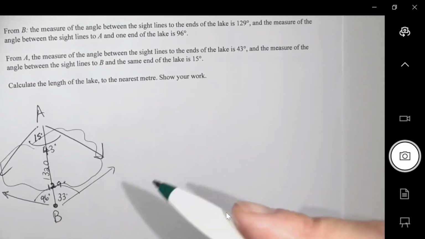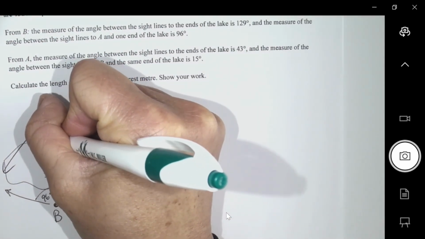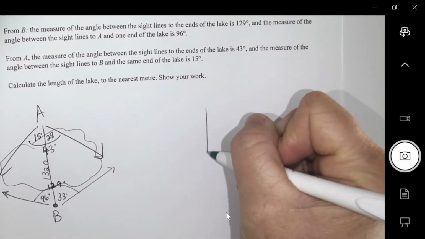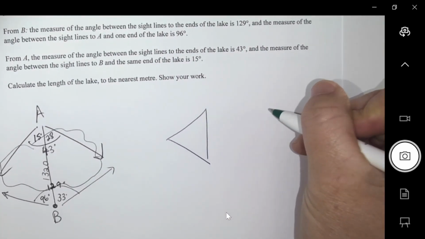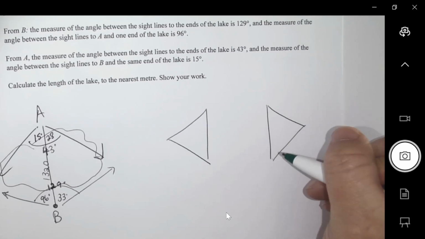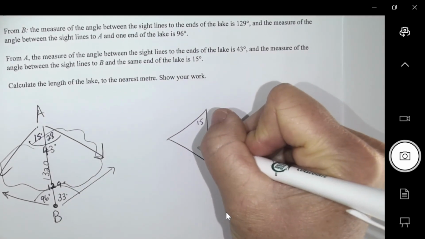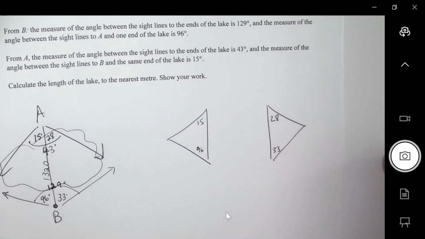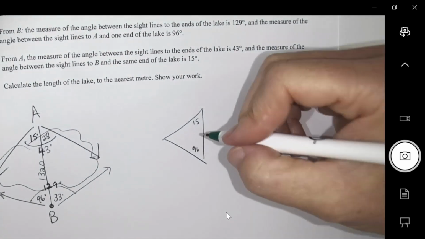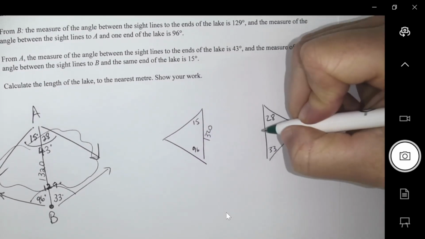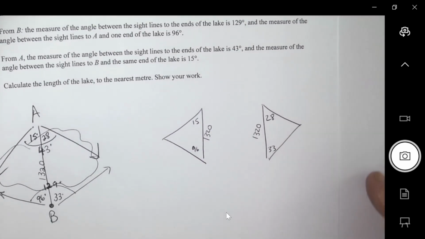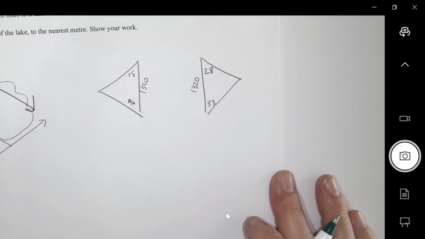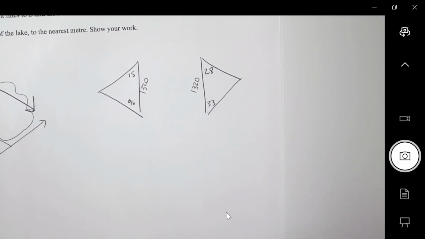Are you getting the one beside it now? 28. What I'm going to do for my visual is actually just separate it right now.